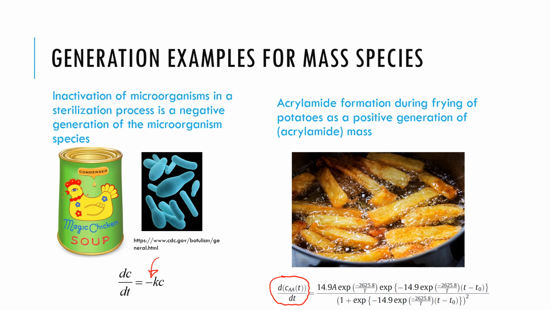It's a complex equation, but nevertheless it tells me at what rate acrylamide is generated. So if I am doing a mass conservation balance on acrylamide, then all of this would be my source term, and it's a positive one.